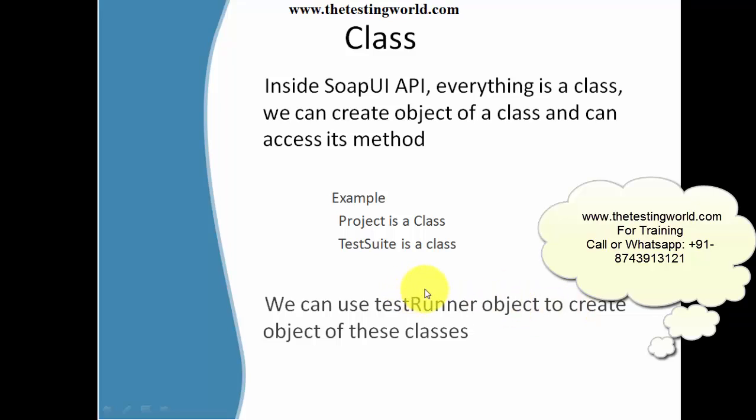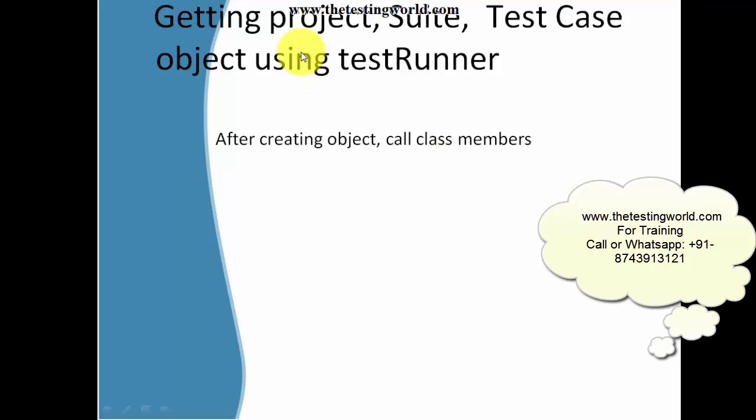We can create the object of the project level, test suite level, test case level, and then we can use these newly created objects of the project, suite or case to perform other tasks. So we are going to create the objects of the project, suite and test case by using the testRunner object. After creating the objects, we are going to call their members. So we are going to create the object of the project and then we can call the project class members.